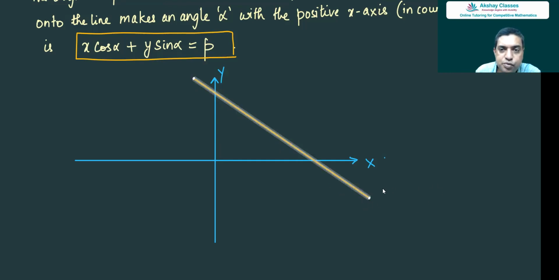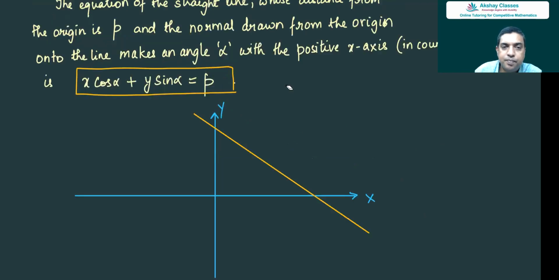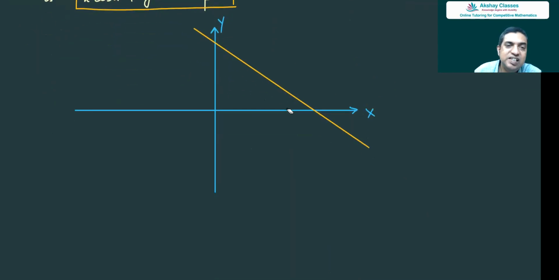So this is the straight line, whose distance from the origin is p, and the normal makes an angle. Let us do that. This is the normal.